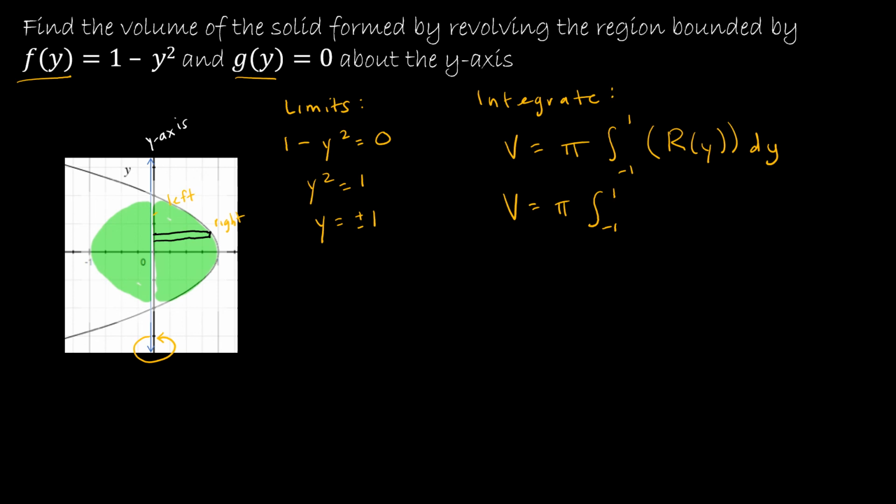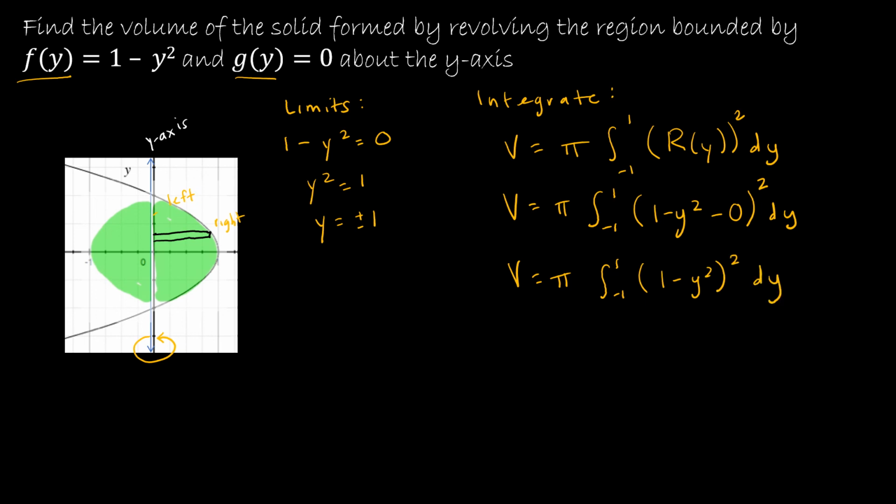That's what we do when we go in that direction. So the right is 1 minus y squared, and the left is 0 dy. I always forget that squared, I apologize. So the volume then is pi from -1 to 1, just doing some simplification, 1 minus y squared, quantity squared dy.